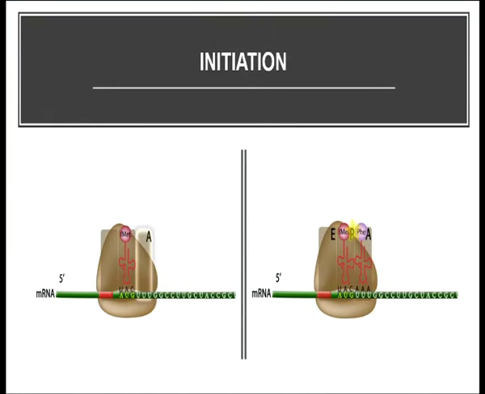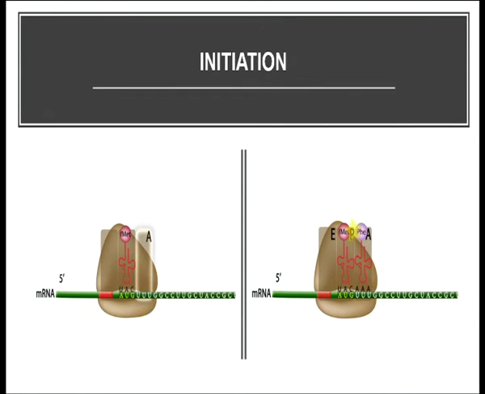Now next, after this attachment, as I told you, on an mRNA, AUG is the initiator codon. Ribosomes are made up of two subunits, the smaller subunit and the bigger subunit.